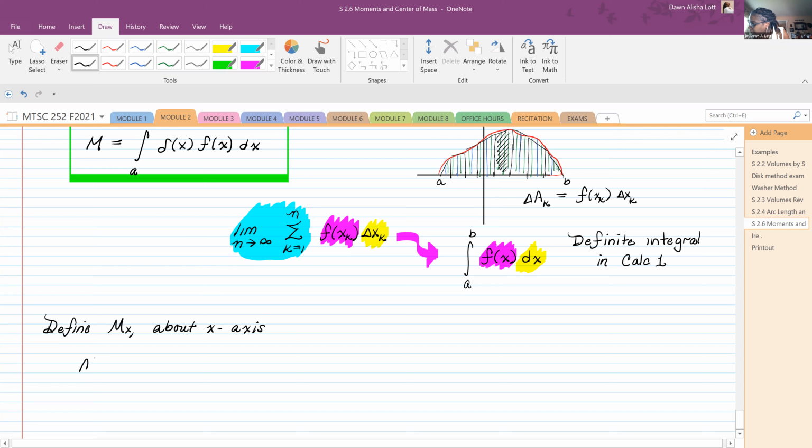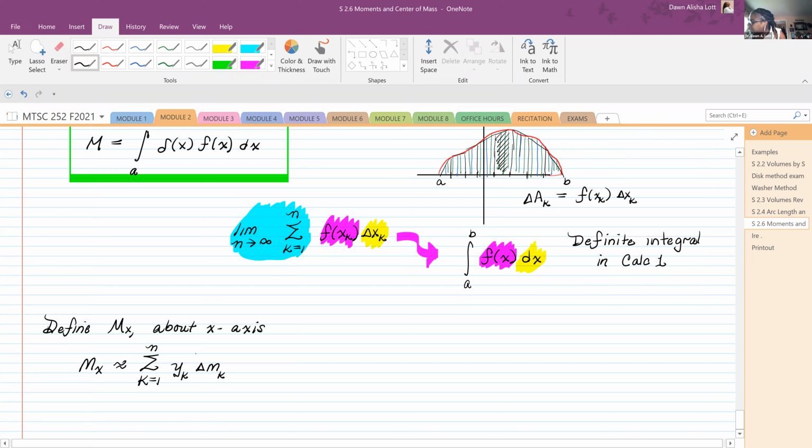So therefore Mx is going to be approximately the sum k equals 1 to n of the distance yk times the little mass element.